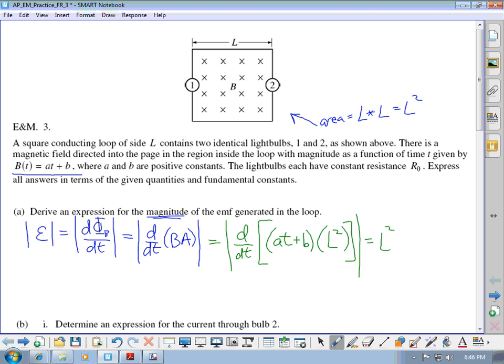And I take the derivative of AT plus B. The derivative of AT is just A. The derivative of B is 0. And so this is my answer. The EMF generated in the loop is A times L squared.